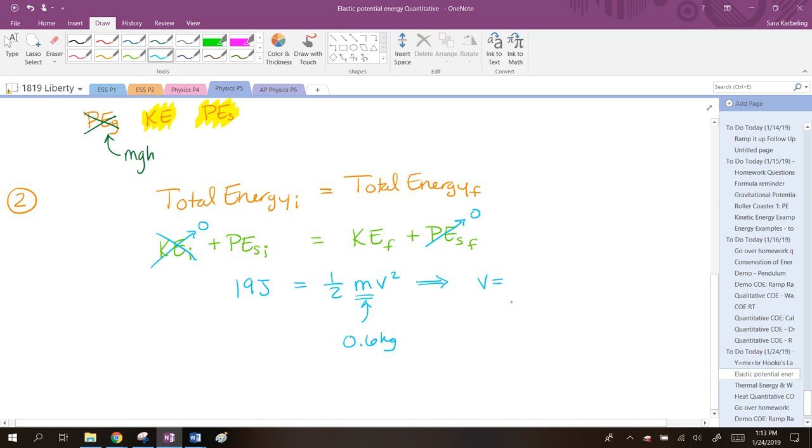So V is equal to the square root of 2 P sub S over M, the square root of 2 times 19 joules over 0.6 kilograms.